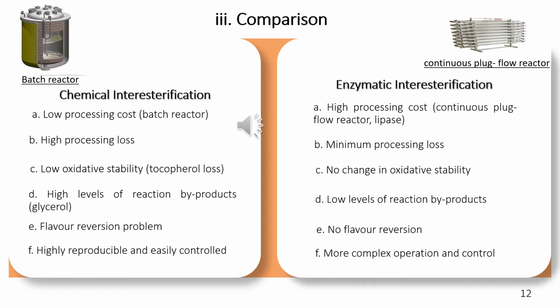In chemical interesterification, the flavor reversion problem occurs, like the flavor of oil and fats is changed, and it is changed due to rancidity, exposure of fat to ultraviolet or visible light, and by heating.